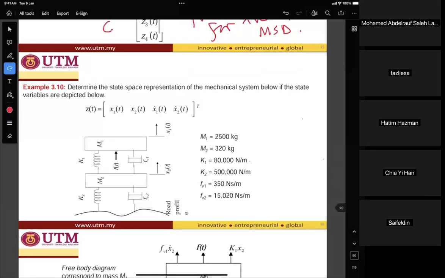Okay. And the constants? The constants: m1 equals 2500 kg, m2 equals 320 kg, k1 equals 80,000 Newton per meter, k2 equals 500,000 Newton per meter. Okay. FV1 equals 350.